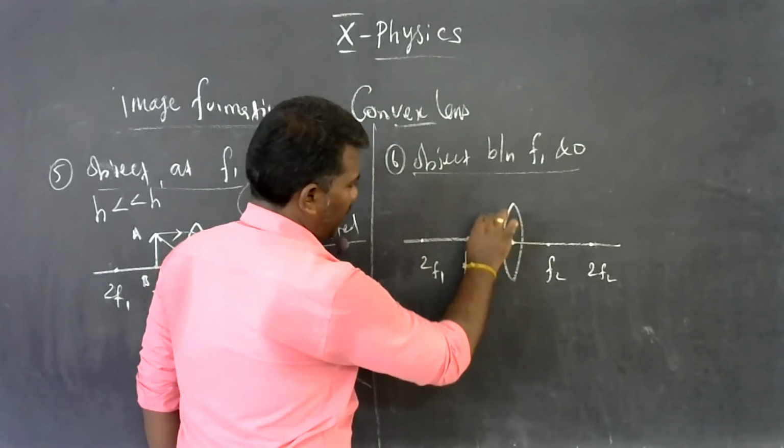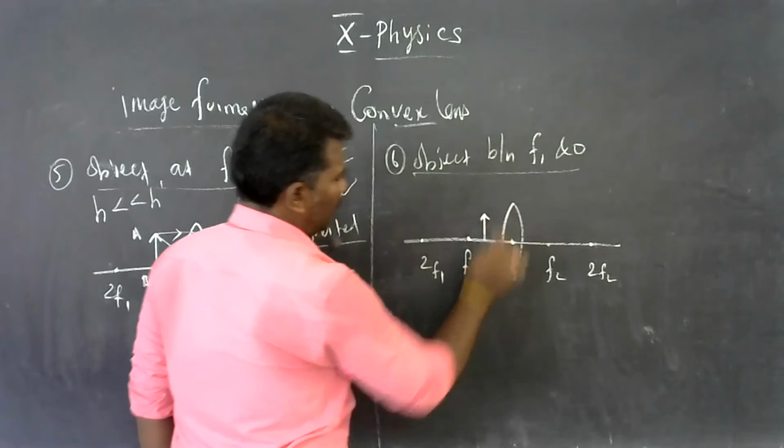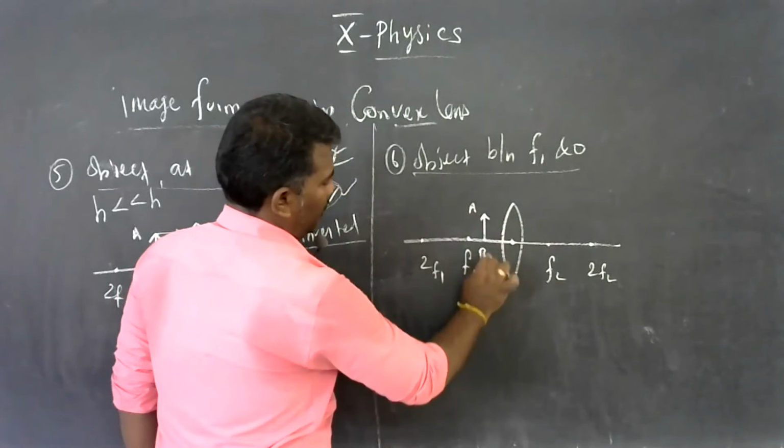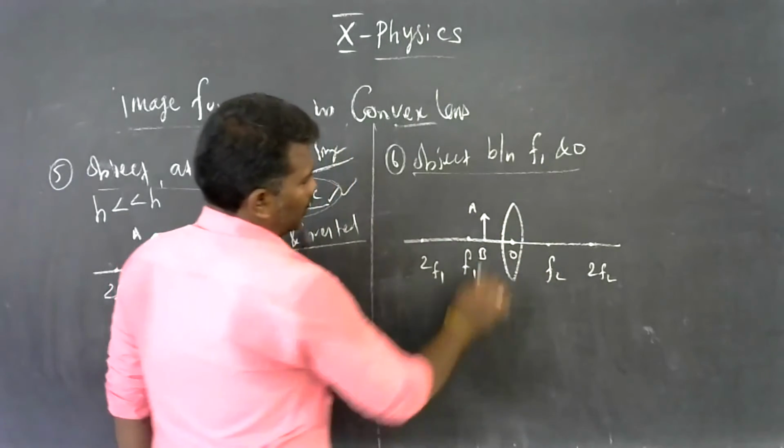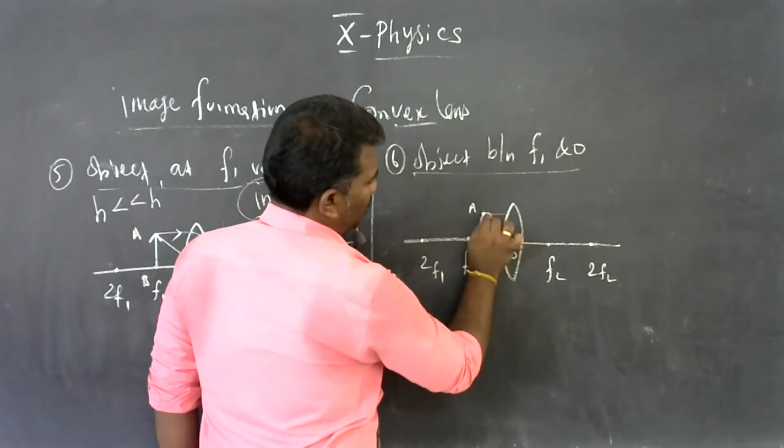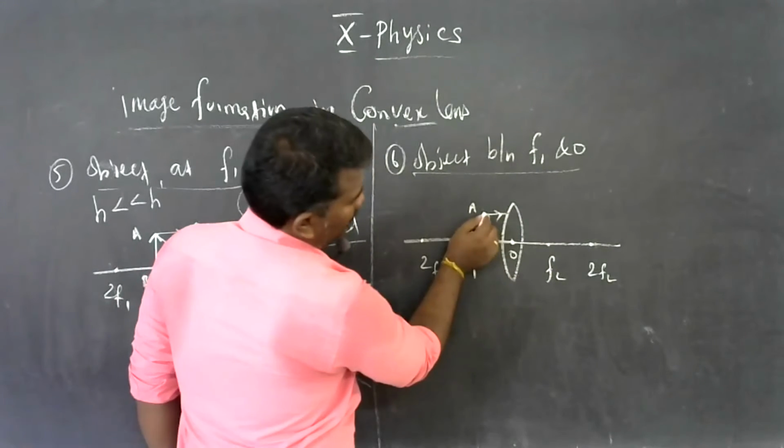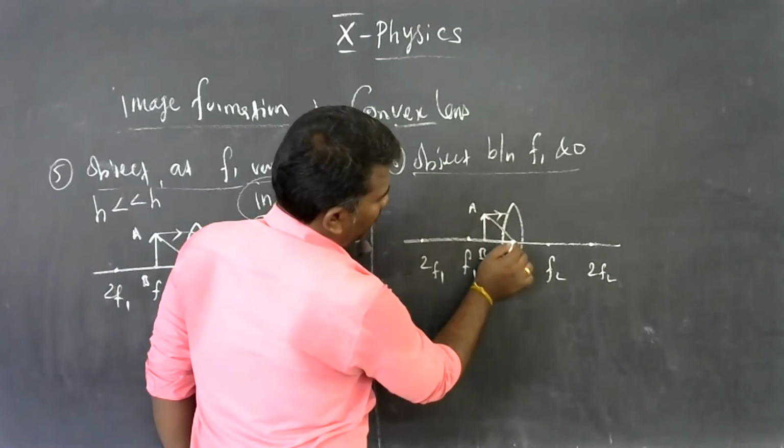Object is placed in between F1 and O. AB is the object. So in this case also you consider the two light rays. One is parallel to the principal axis. Another one is passing through the optical center.